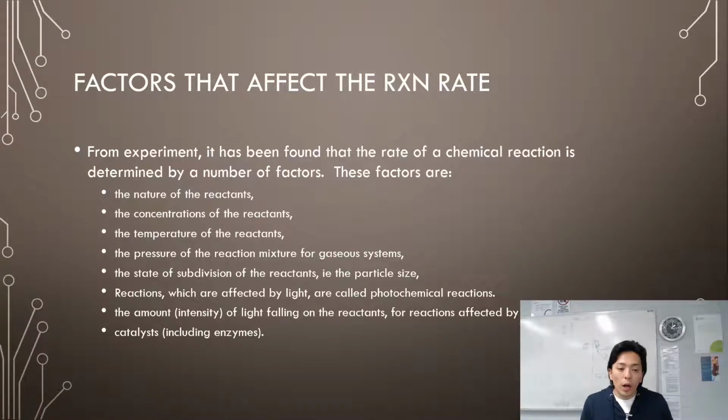Reactions which are affected by light are called photochemical reactions. So if there was no sunlight for, say, photosynthesis, what's going to happen? Or if the sunlight was not as intense, like, say, winter compared to summer, how would the reaction rate be affected? Finally, presence of catalyst. For some reactions, yes, catalysts are available and can be used.